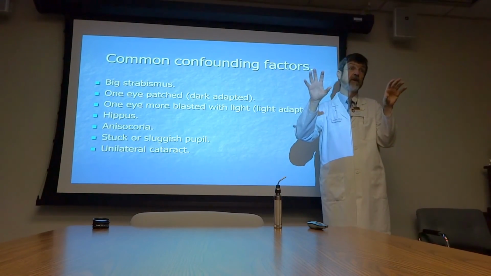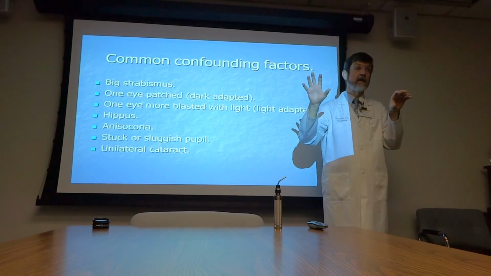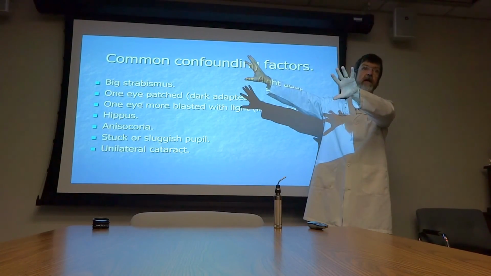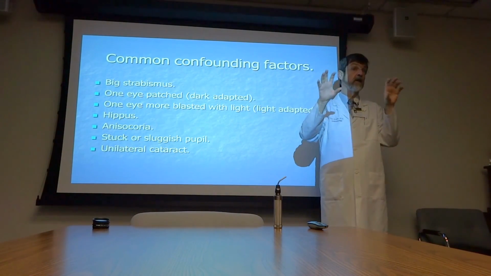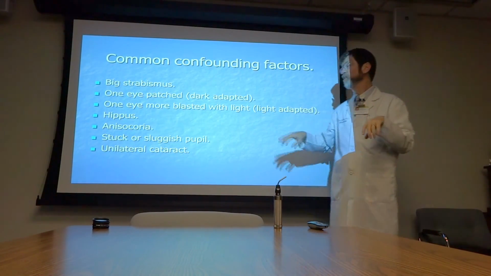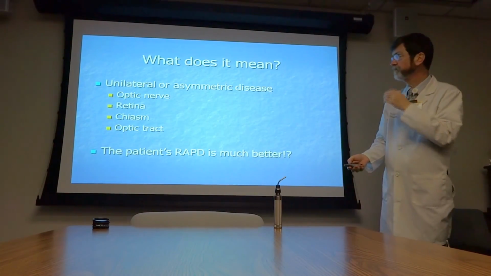So they will actually have a relative afferent pupillary defect in this eye because the cataract acts as a sort of light amplifier. It just takes the light and diffuses it all back against the retina. So it's not unusual to see a small relative afferent pupillary defect in a patient who's pseudophakic in one eye and has cataract in the other. But it's pretty small and usually doesn't reach the level of clinical importance.